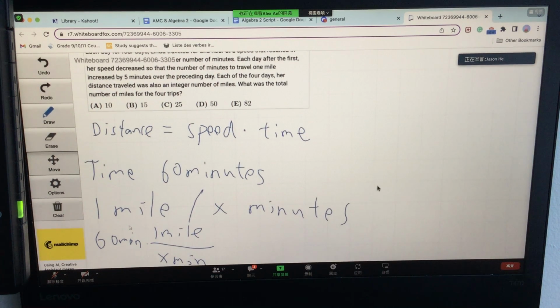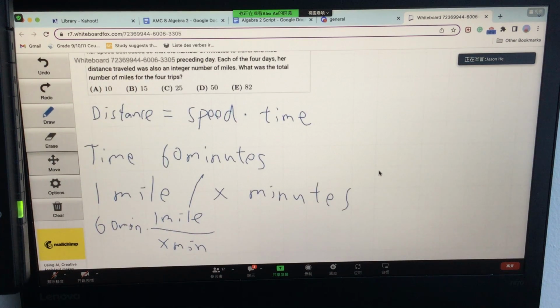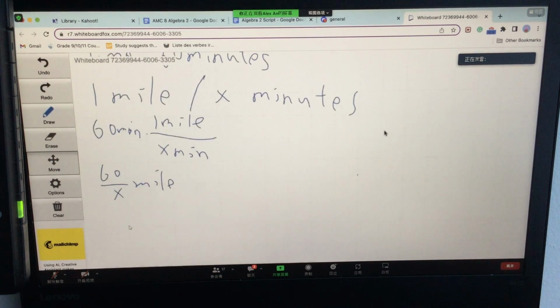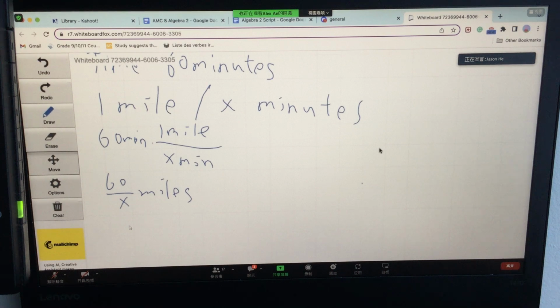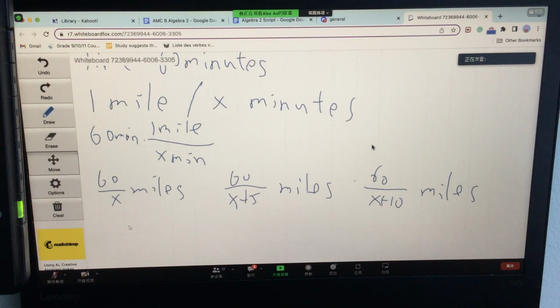And so the distance here would be equal to 60 over x miles. And the second day, we know that it spent 5 more minutes, so that would be 60 over x plus 5 miles. Third day is 60 over x plus 10 miles. And then it's 60 over x plus 15 miles.